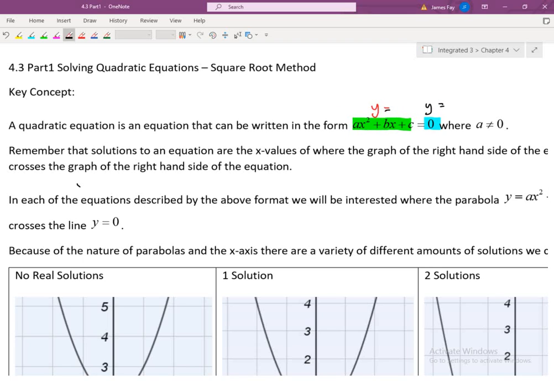You might have two quadratics, two lines, or a quadratic and a line, whatever. The solutions to the equation are the x values where those things cross.